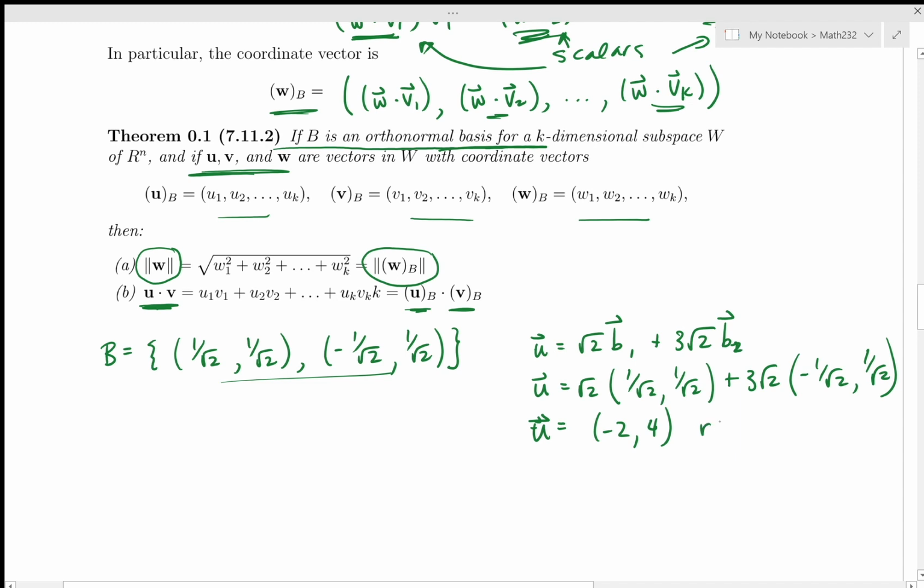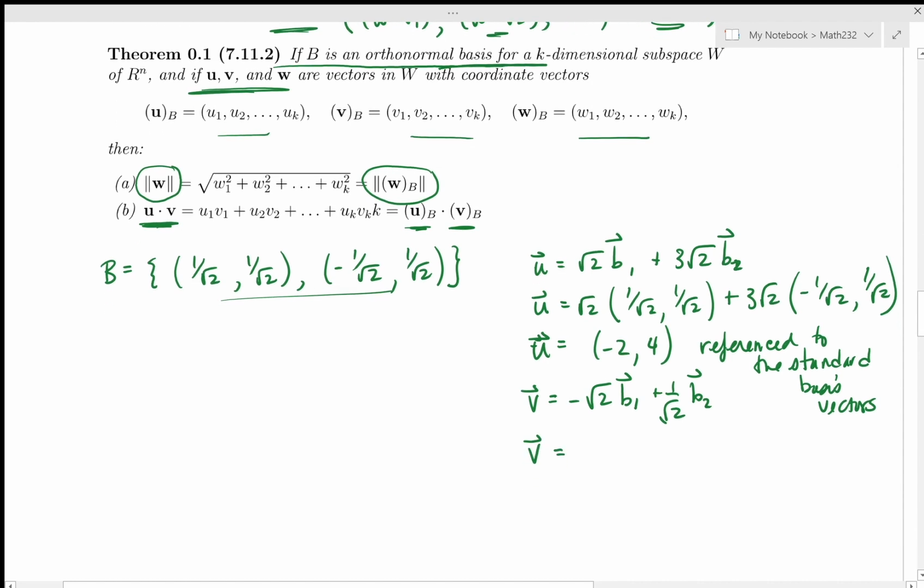This is referenced to the standard basis vectors. Okay, I'm going to do the same thing to get another vector V. I'm going to take V as minus root 2 B1 plus 1 over root 2 B2. And when I make that calculation, I find that V is minus 3 halves, minus 1 half.